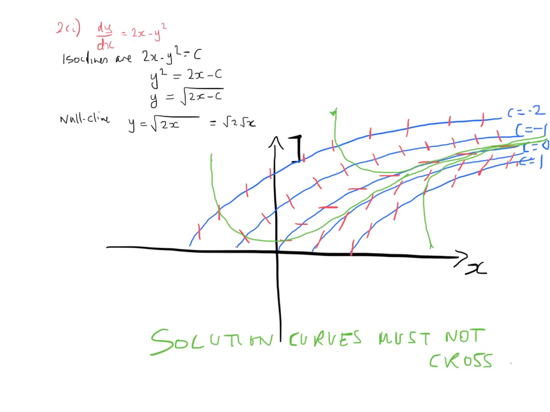Let's just do one more of those so you can see. So if our solution starts off here, you can see that it's going to come in and go into here. So we can see that as x tends towards infinity, we're going to end up running along this line here like this.